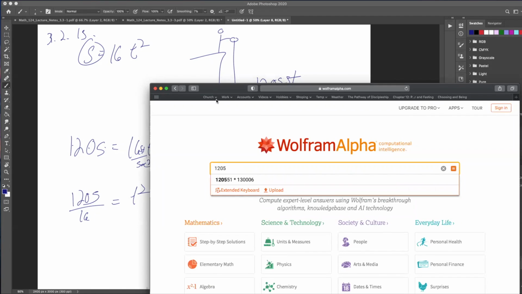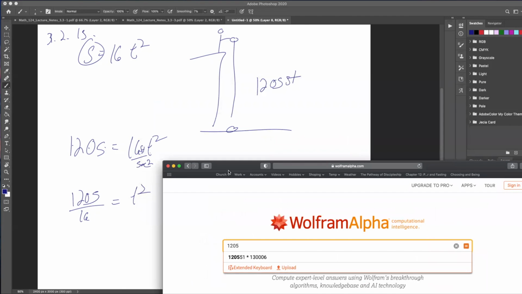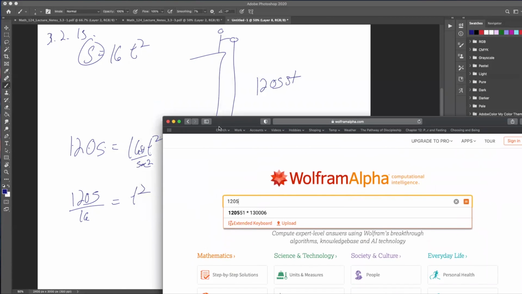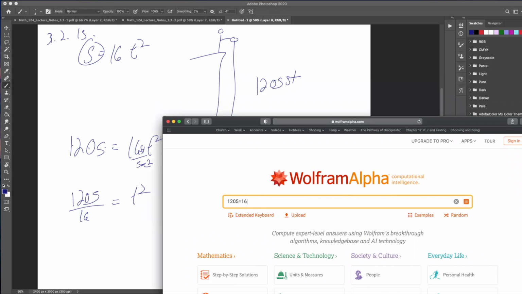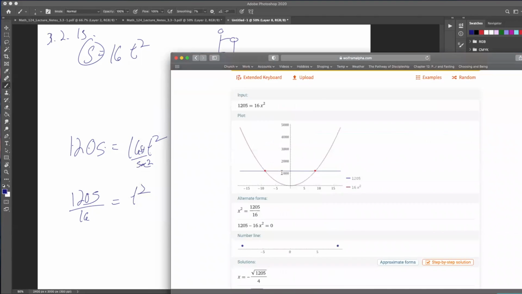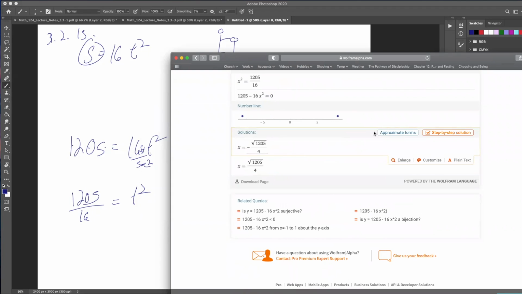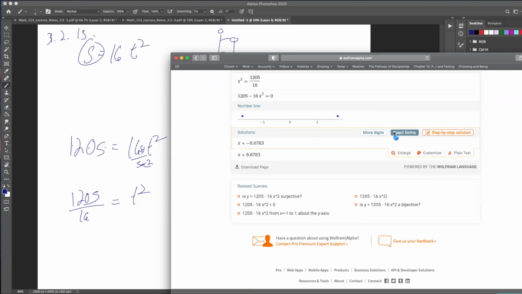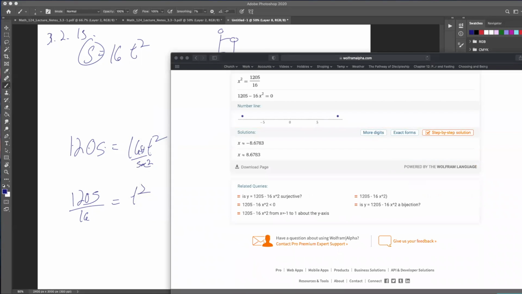So basically, I want to solve this equation: 205 equals 16t squared, right? That's basically what I want to solve. You can just have it solve it directly. I'll solve it for x like a good person would. It'll solve it directly, so I get approximately 8.6, which is the correct answer.